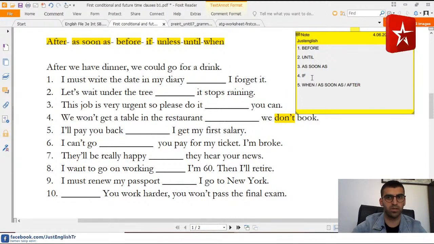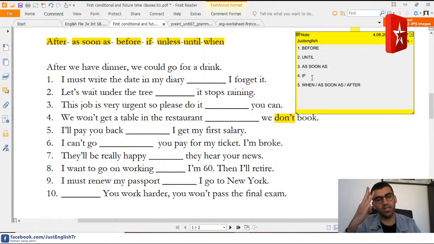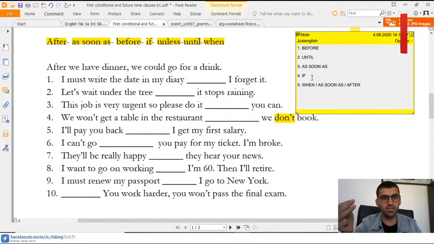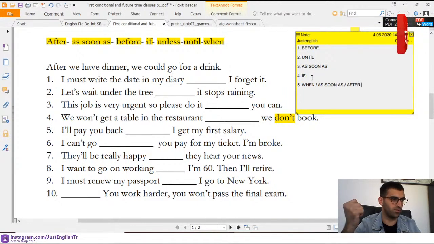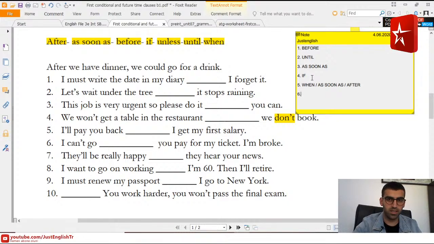After is also a correct answer. We have three different correct answers for number 5. So we can use after, we can use when, and as soon as. Don't worry about that.